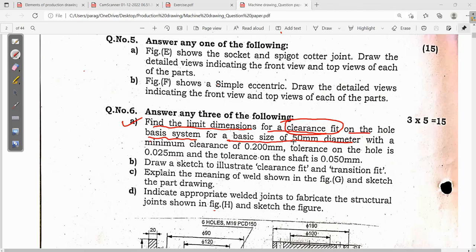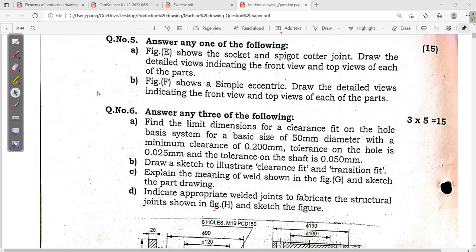The lower limit of the hole is the basic size, with a minimum clearance of 0.2 mm. The tolerance of the hole is 0.02 and the tolerance of the shaft is 0.5 mm. We solved a similar one, only a little twist is given. Just try to solve this. I will not solve it for you, you try to solve it.